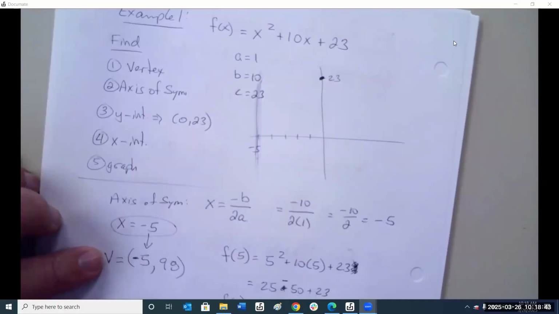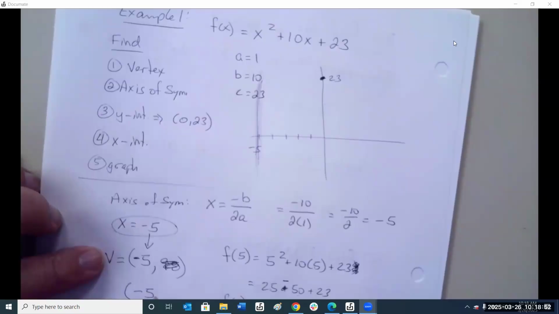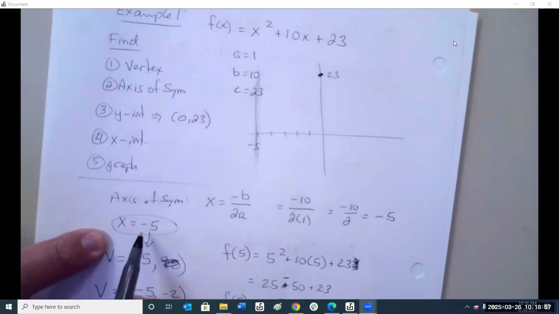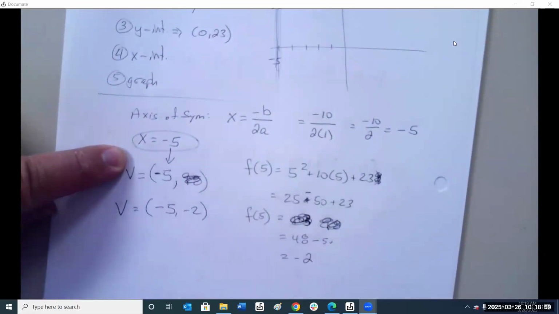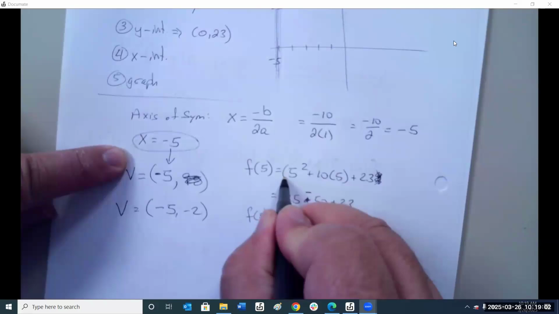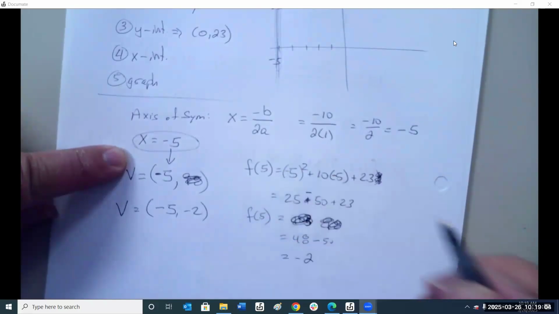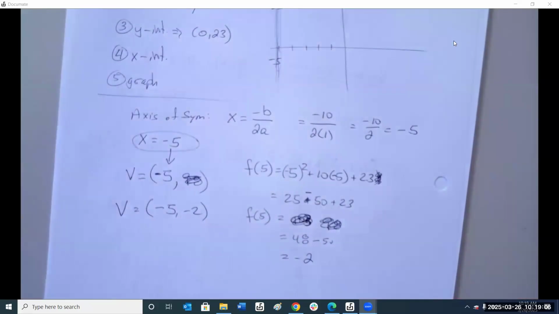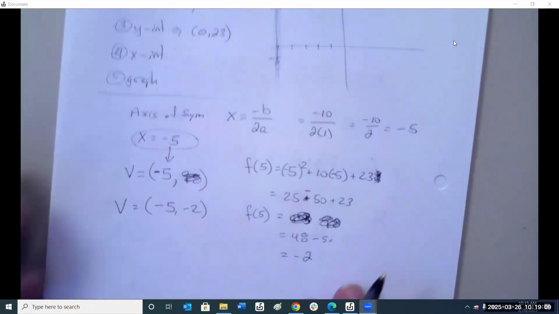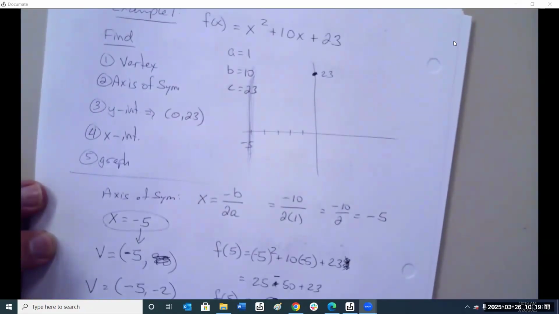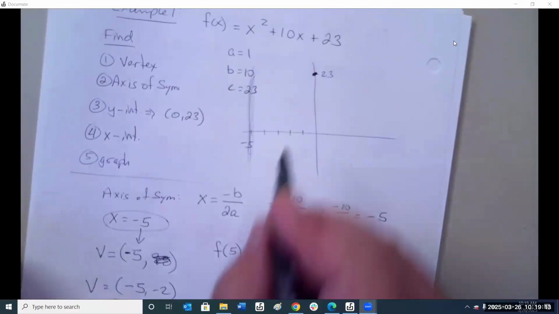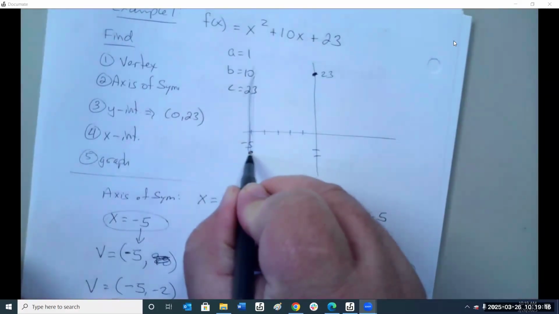So we have 48 minus 50 is -2. You guys didn't stop me there. I looked at it, I thought she was right. When it went from -5 to 5, I looked at it twice. What is he smoking? Yeah, so we have a vertex at -5, -2.